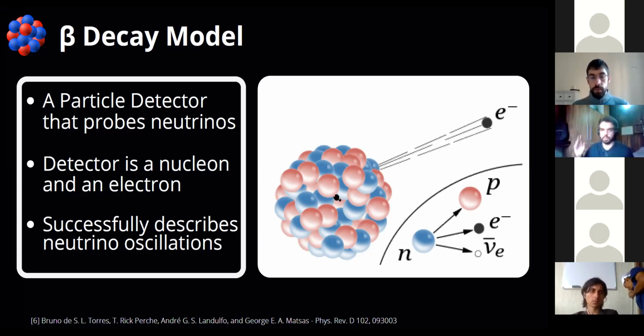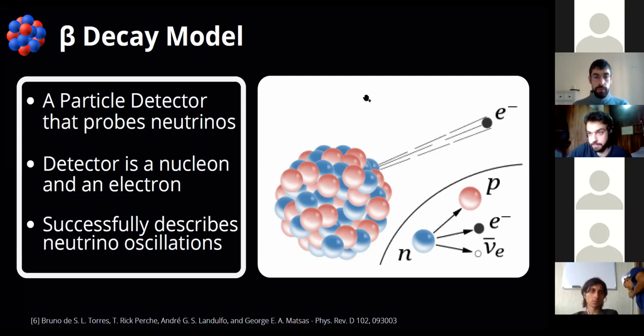This is very well described by many different theories, as we'll see. And for us, given that we only want to probe the neutrino field, we will just take all of these three elements and say this is our particle detector model in a given way. What's most important about this model is the fact that it successfully describes neutrino oscillations, as was shown in our paper by Bruno, Landulfo, Matzes, and I.